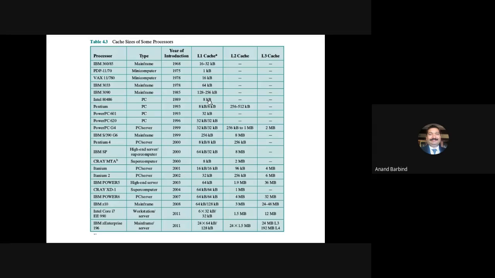Earlier, only one cache was used, and the size of the cache was in kilobytes. So that was the case in 1968. Even before the microprocessors came, this particular type of cache was being used, though it was not common in all the machines.